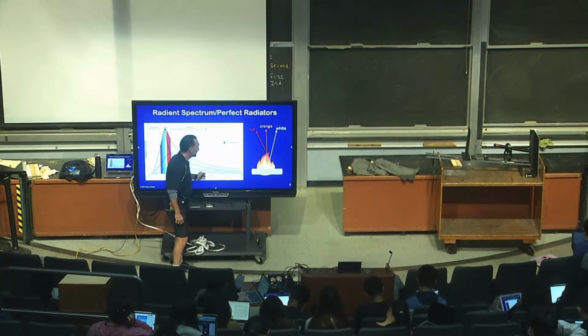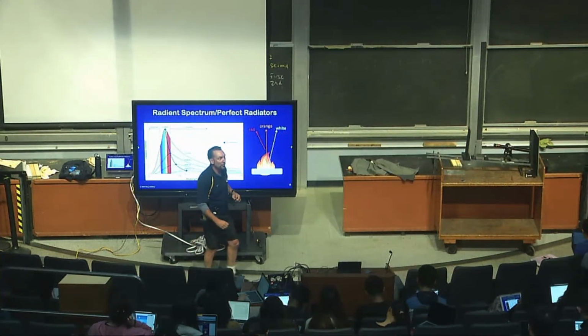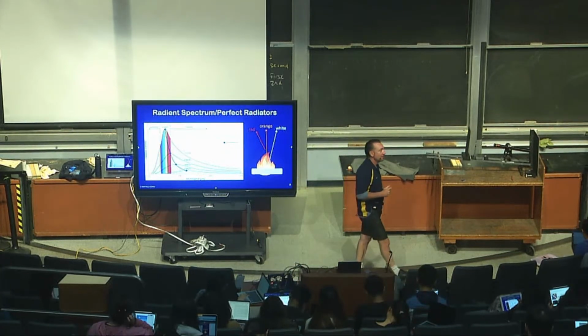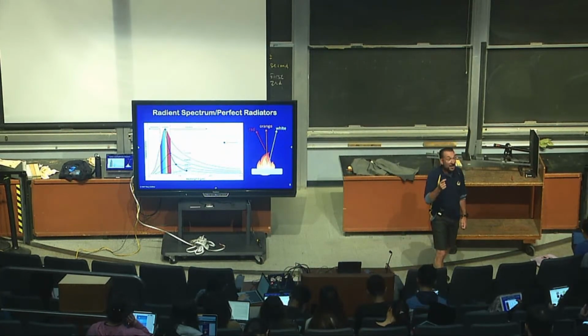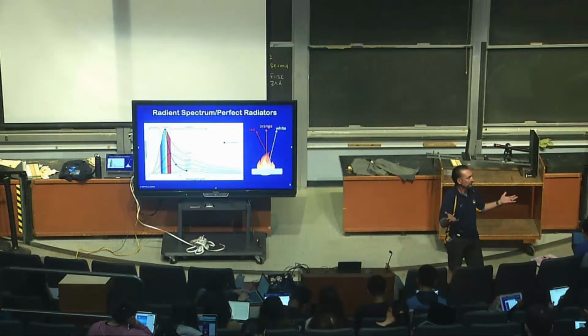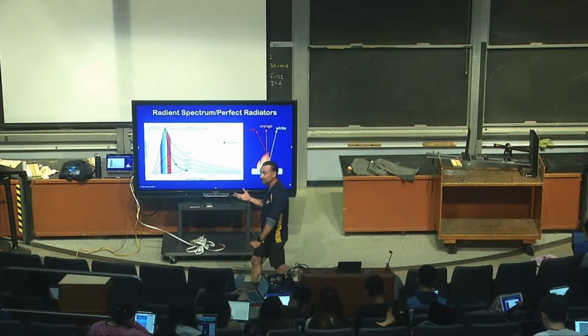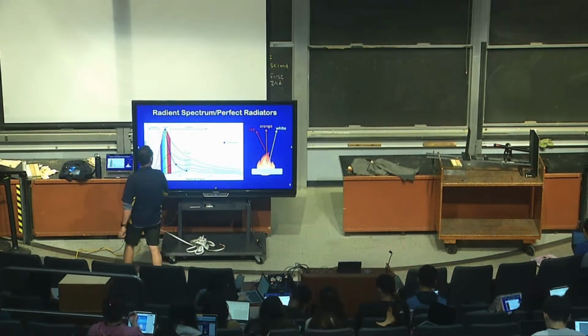And its peak is in the microwave region, way down from the visible region, and that corresponds to temperatures of 3 or 4 Kelvin. So that's how we know the temperature of space.